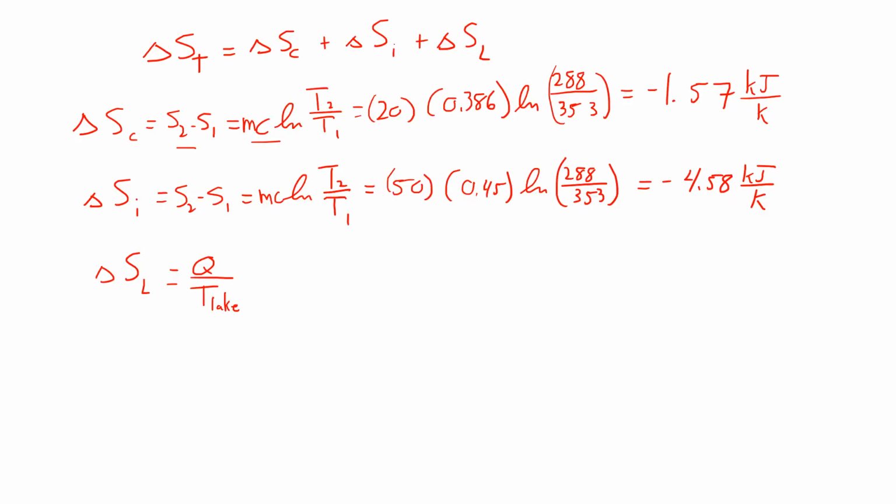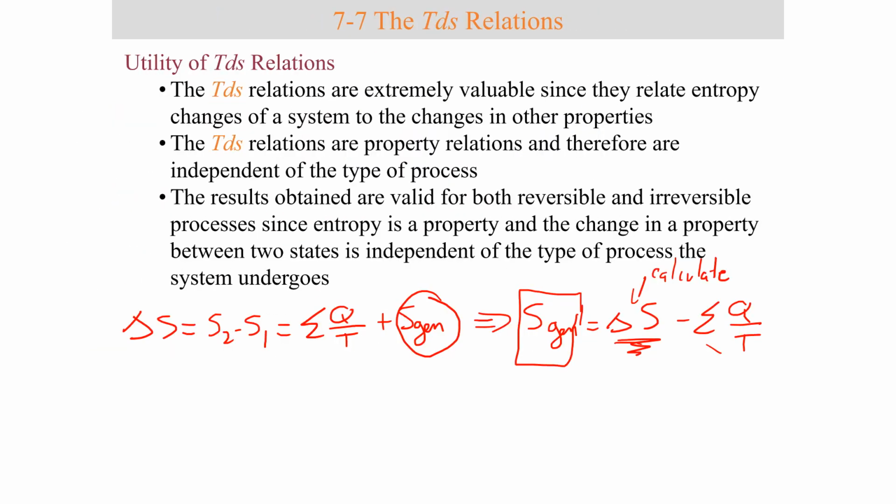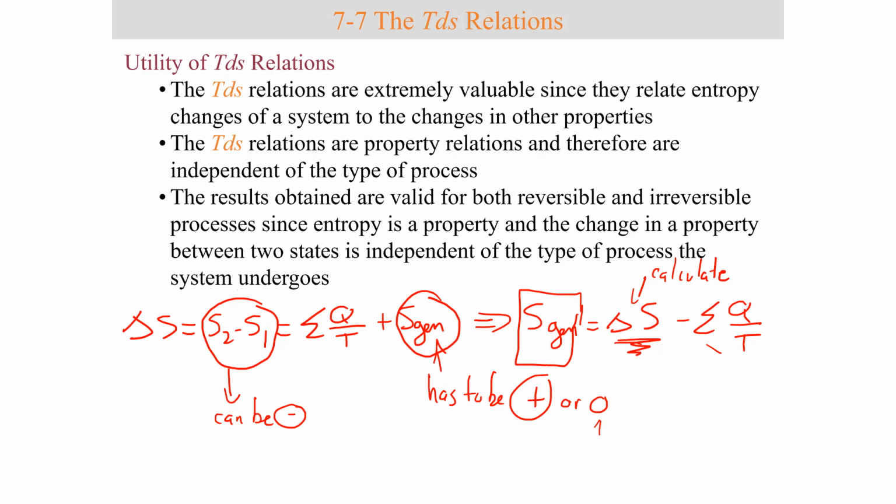Now remember that the entropy change, this quantity, can be negative. The entropy generation has to be positive or zero. It's only zero when the process is reversible.